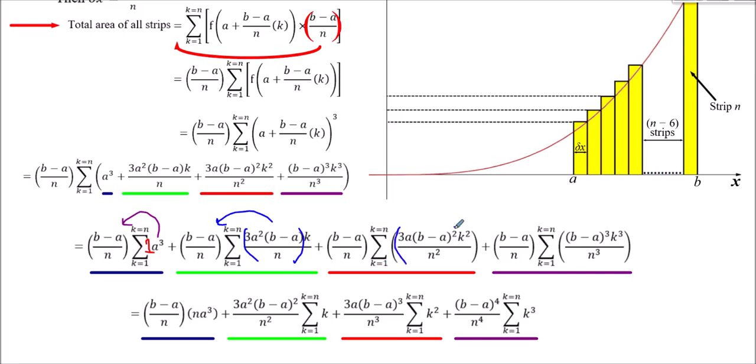All of this we can move to the outside, like so, to give us that. And similarly over here, b minus a all cubed over n cubed is all constant, move it to the outside, expand this bracket and simplify, we get that. b minus a times b minus a cubed gives b minus a to the power 4.